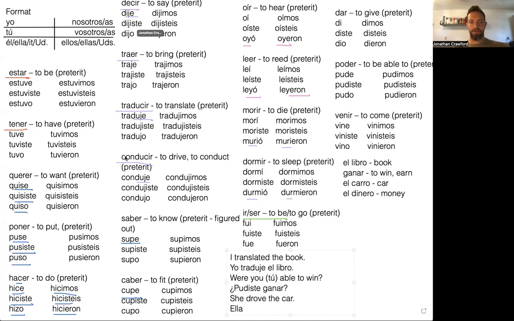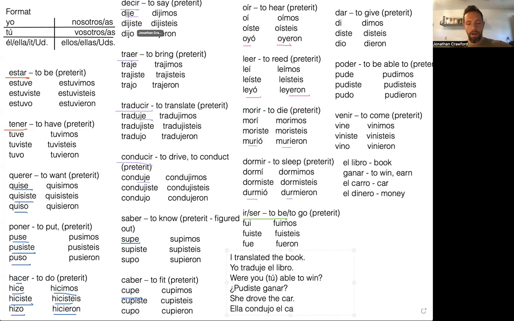So conducir means to drive. She drove. It's one of the J ones. Ella condujo. And then how do you say car?